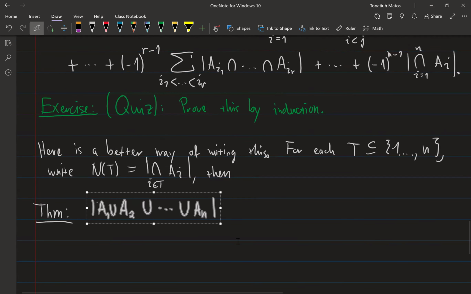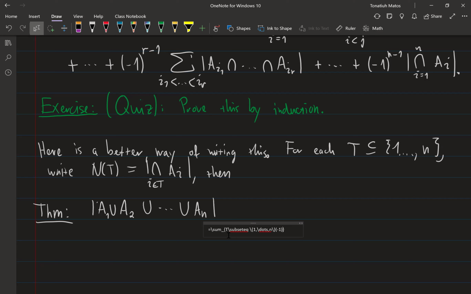Okay, so the union of all of these sets should be equal to something, and that something is the sum over all possible subsets t of the indices 1, 2, ..., n, of minus 1 to the size of t plus 1, so that they alternate, times n of t.